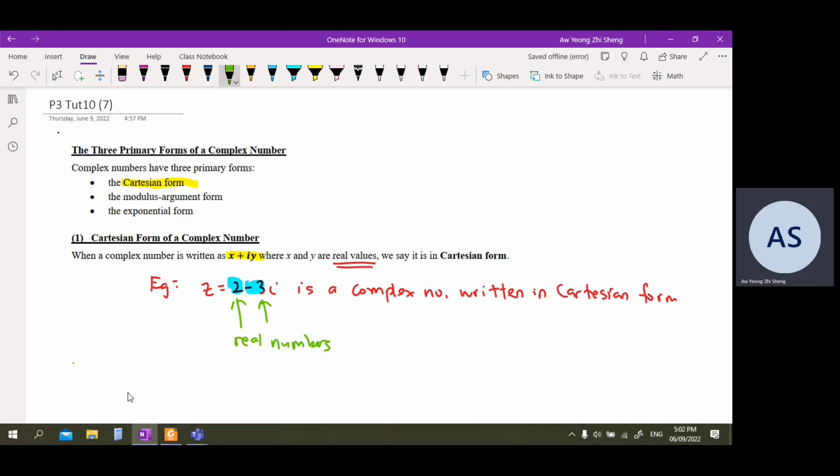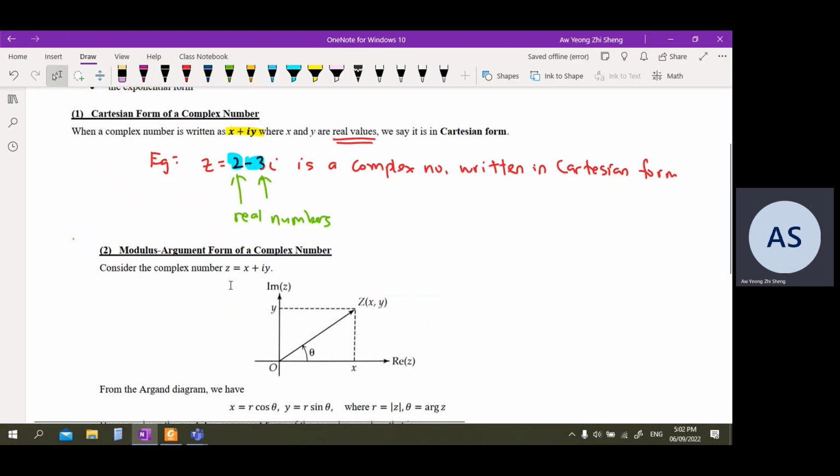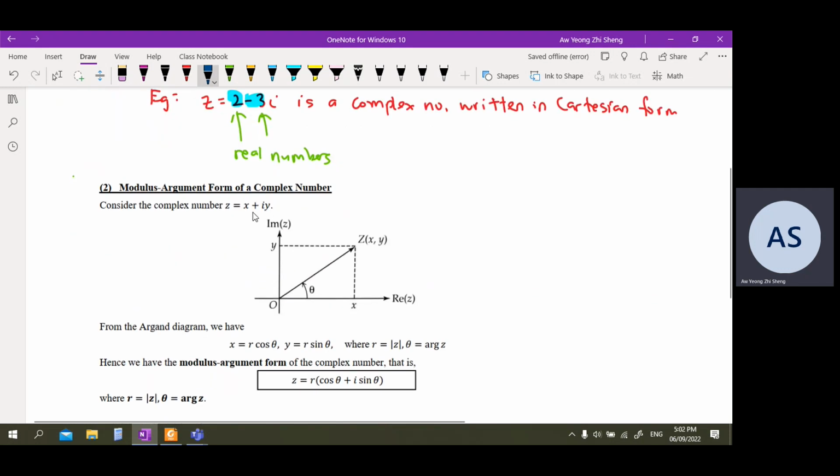Here we'll make use of the modulus and argument of a complex number to write an alternative form for the usual complex number x plus yi. Consider the complex number x plus yi. If both x and y are positive, then we have such a diagram, where point Z with coordinates x, y will be in the first quadrant of your Argand diagram.